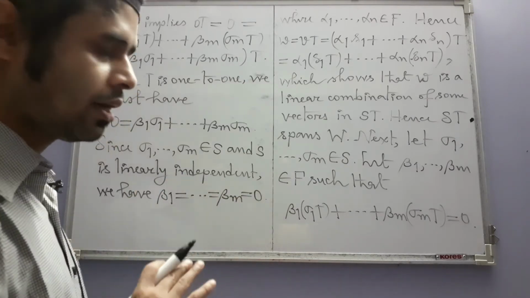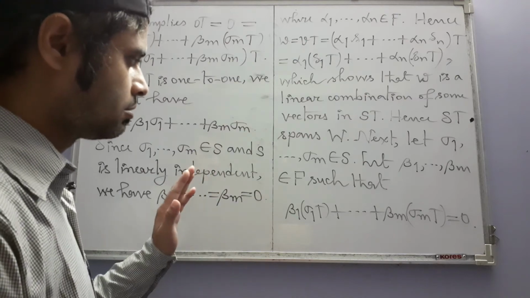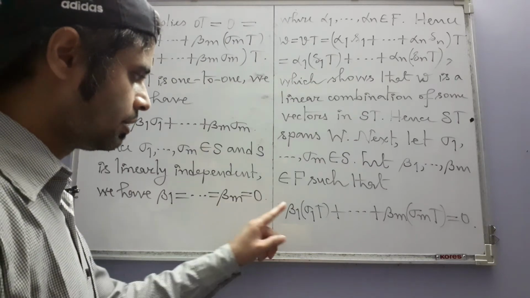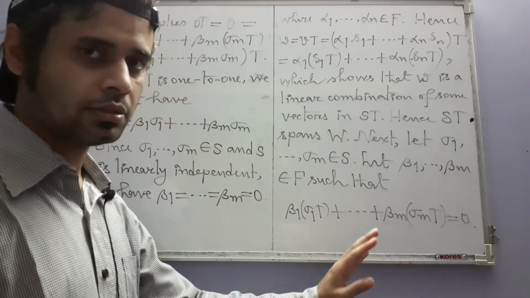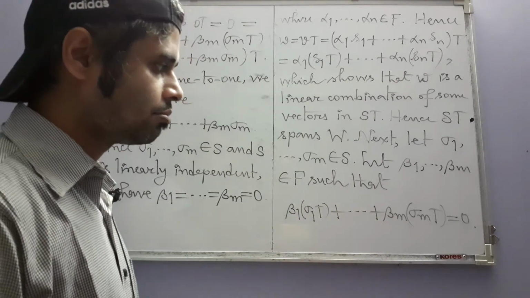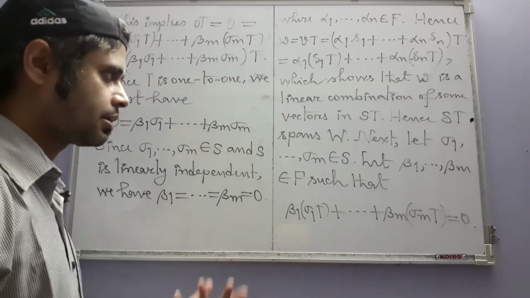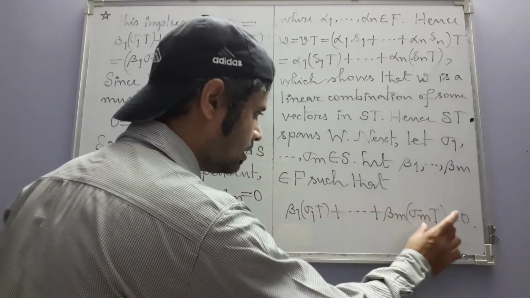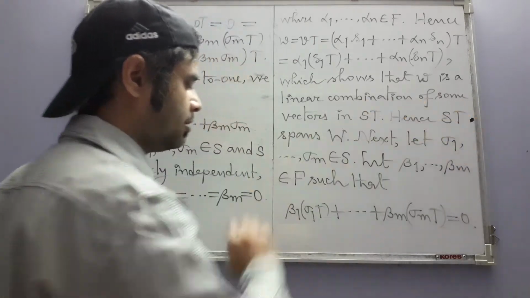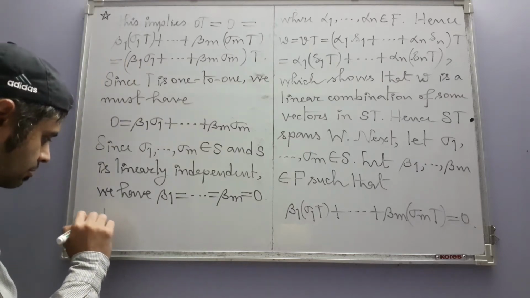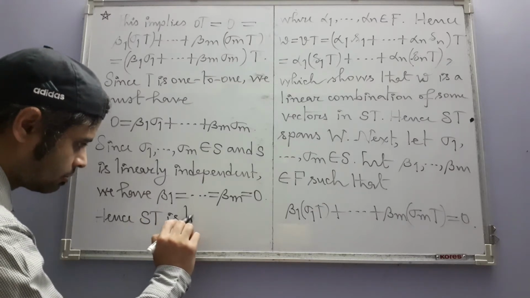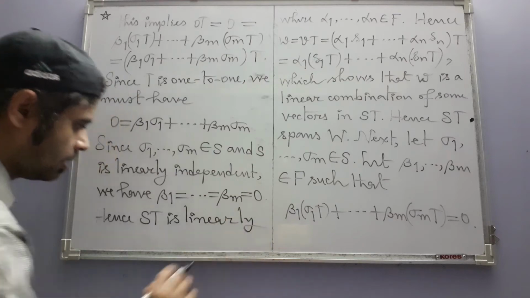But see what we have now achieved. We started from here and we have now shown that all the scalars are 0. That means this sigma 1T, sigma 2T up to sigma mT, any linear combination of them will become 0 only when all the scalars are 0, and these sigma iT's are arbitrary elements in ST. Hence, ST is linearly independent.